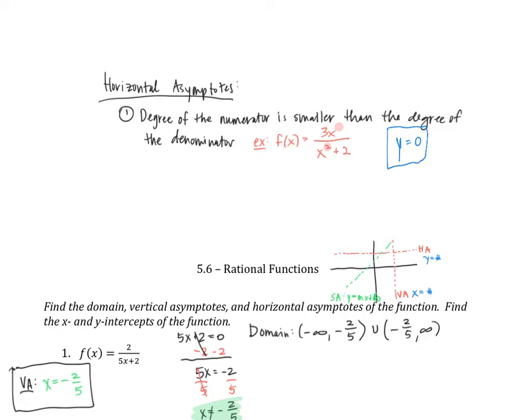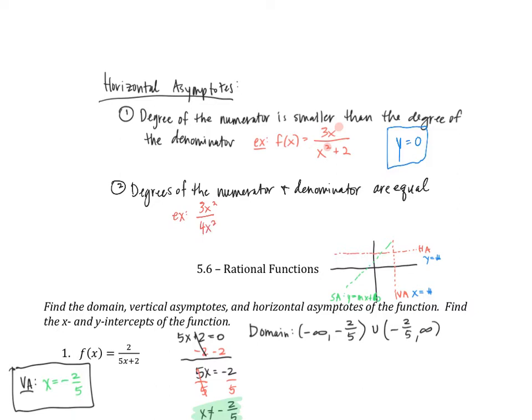equals 0. Your second case is the degrees of the numerator and denominator are equal. Okay, so an example of that would be 3x squared over 4x squared.